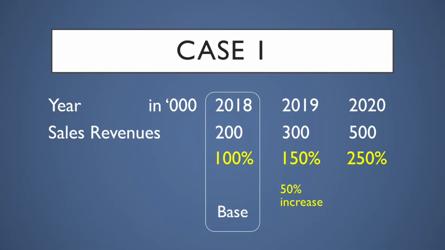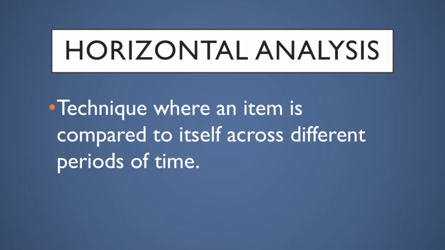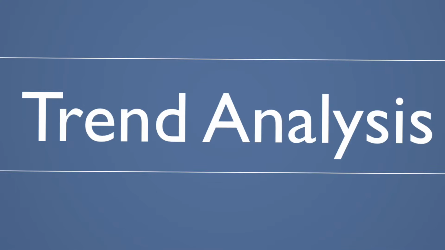That's 150% minus 100%. 2020, there's a 150% increase. That is 250% minus 100%. Again, horizontal analysis is a technique where an item is compared to itself across different periods of time. As a result, we also refer to this as trend analysis.